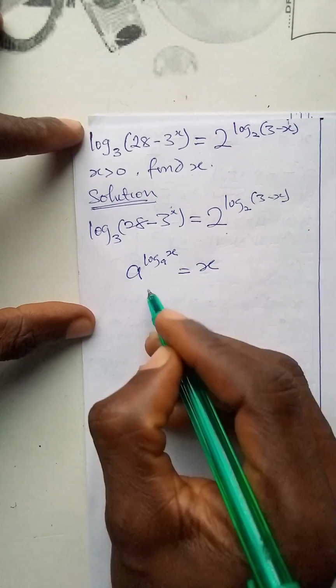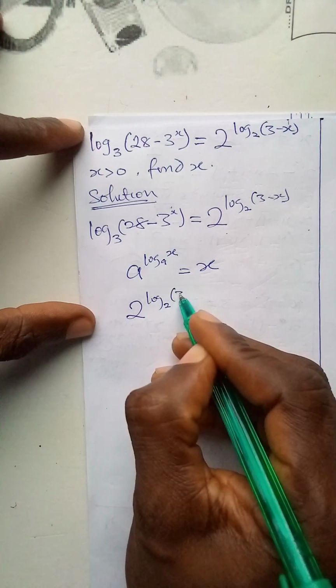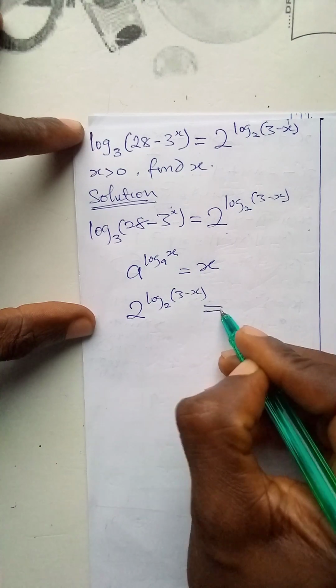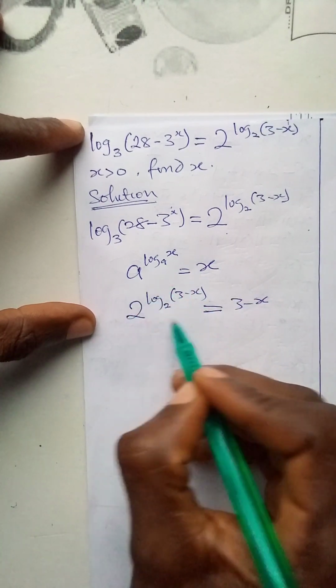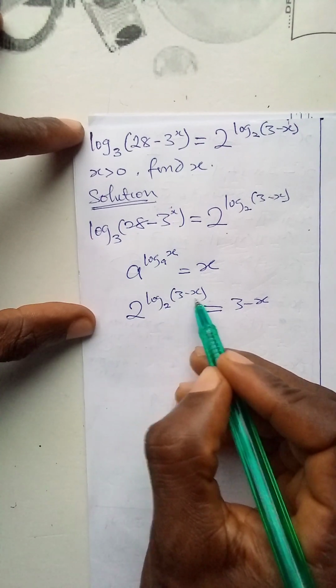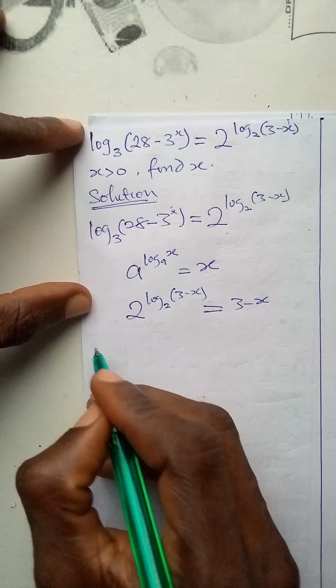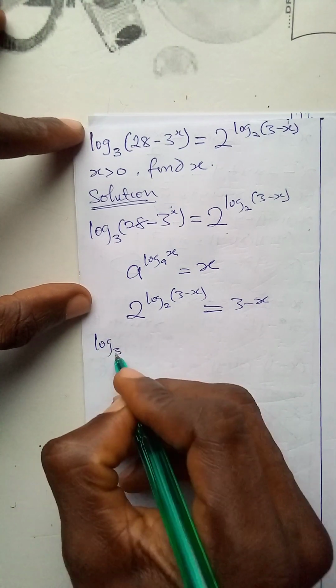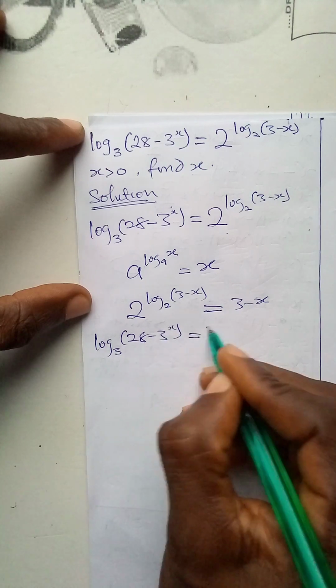So in this case, 2 to power log to base 2 of (3 minus x) will give me 3 minus x. So instead of writing 2 to power log to base 2 of (3 minus x), I'll write 3 minus x in place of it. That becomes log to base 3 of (28 minus 3 to power x) equals 3 minus x.